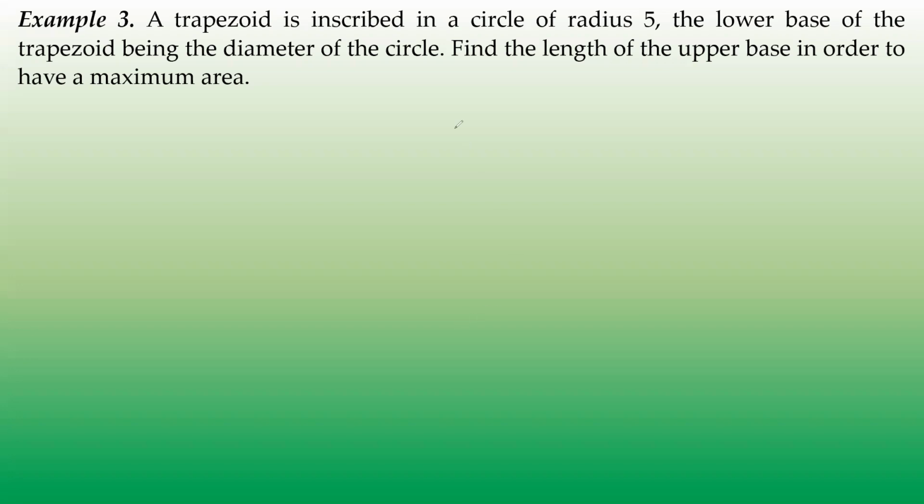So given dito, yung trapezoid ay inscribed in a circle. So pag sinabing inscribed, yung trapezoid ay nasa loob ng circle. Kaso ang circle, meron siyang radius na 5. Okay. And yung lower base ng ating trapezoid, yun din ang diameter ng circle.